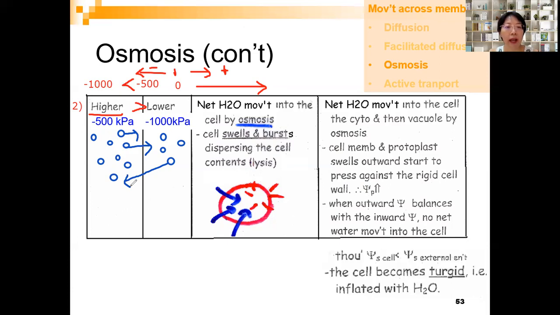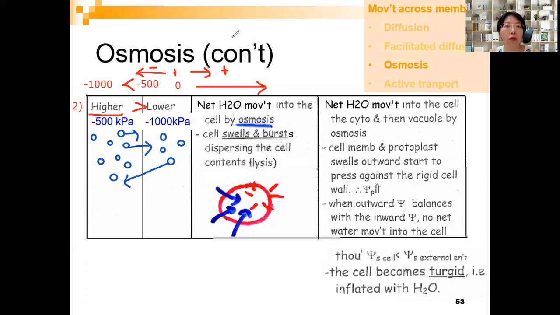So at any one time, there'll be molecules moving into the cell and molecules moving out of the cell, in both directions. But because the left side has got more water molecules than the right side, if you talk about probability, you've got more water molecules moving into the cell and fewer moving out.